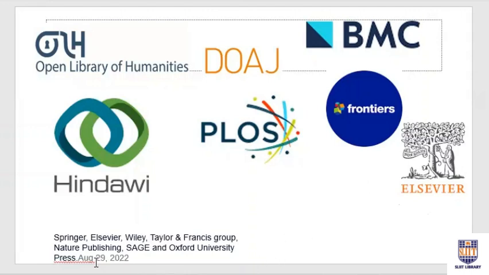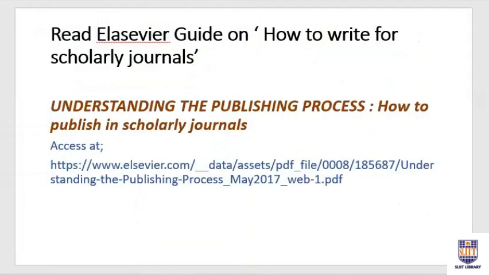Also Springer, Wiley, Taylor and Francis are all now trying to come into open access systems. All these are very highly reputed and listed in the top 10 publishers list. So you can go to this link to understand the publishing process, how to publish in scholarly journals.